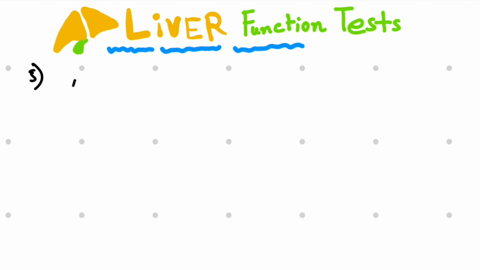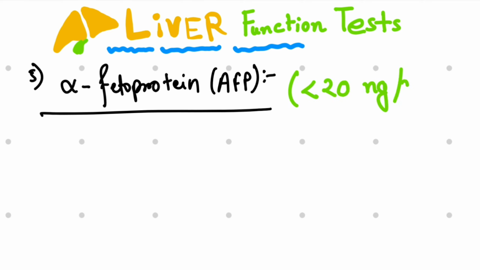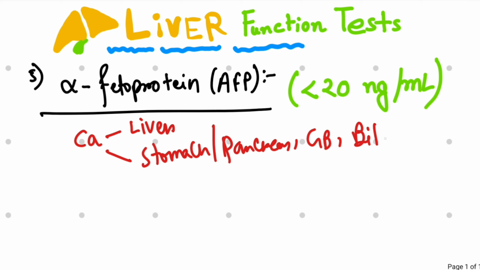Another parameter that we can look for is alpha fetoprotein or AFP. Now this alpha fetoprotein level normally is below 20 nanogram per ml. This alpha fetoprotein level is increased in some deadly conditions like carcinoma of liver or in carcinoma of stomach, pancreas, gallbladder, carcinoma involving bile ducts, and lung cancer.